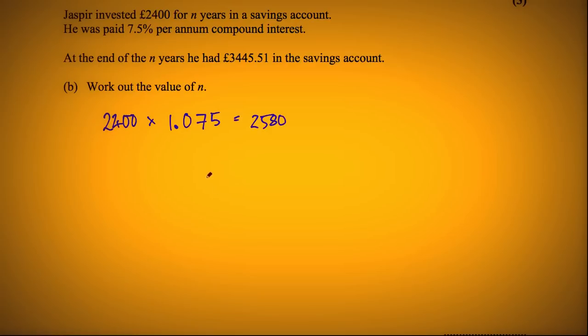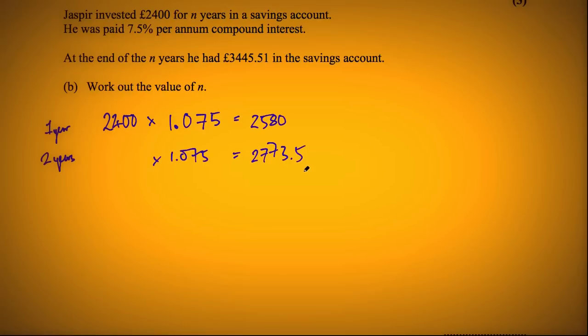And I can just keep going year by year. So that's after 1 year. 2 years, times by 1.075 again. That previous answer, that's 2773.5.